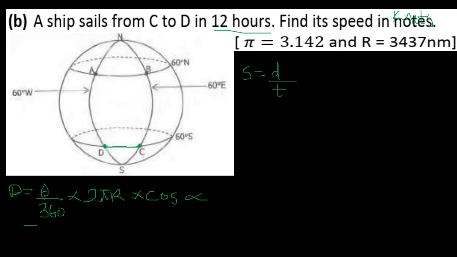Then we can substitute our values. First of all we need to find the distance, for us to calculate the speed. If we do not know the distance, then we can't calculate speed.